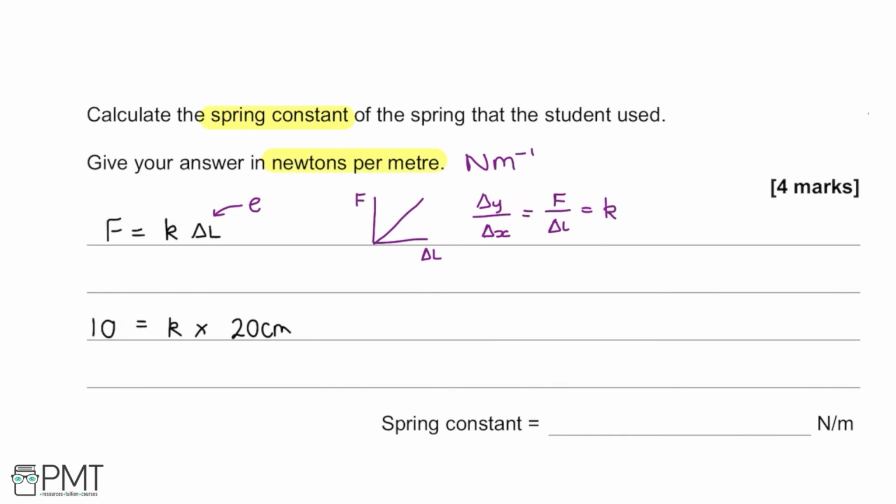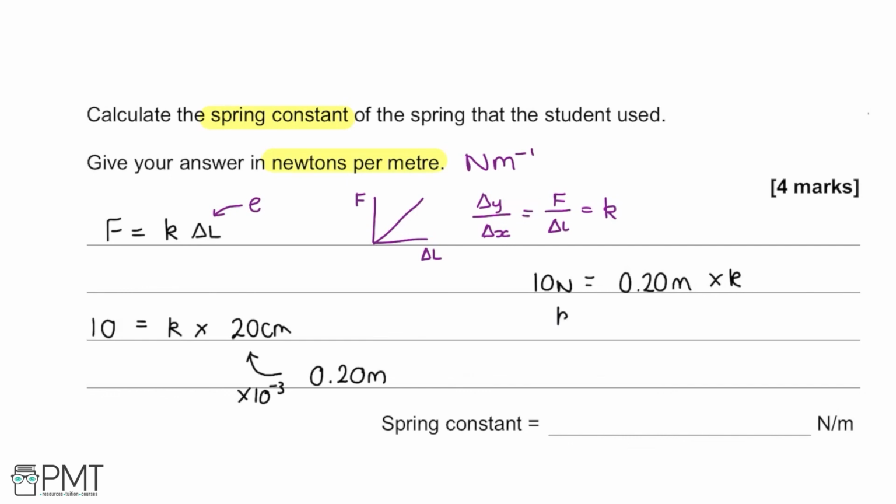So in this case, I'm going to convert 20 centimetres into metres, and I'm going to do that by multiplying by 10 to the minus 3, or dividing by 1,000, whichever way you want to think about that. And that's going to give me 0.20 metres. So now I have that 10 newtons is equal to 0.20 metres times k.